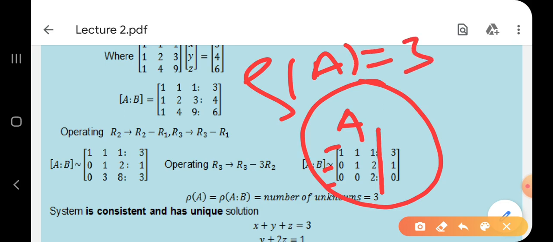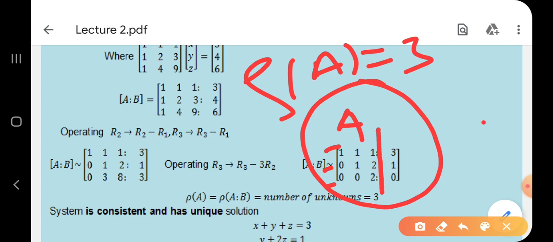Correct. Will you tell me the rank of the augmented matrix AB? Some people may say that it is 2. But keep in mind, augmented matrix AB contains A. That's why I told you in the video that rank of A is always less than or equal to rank of AB.